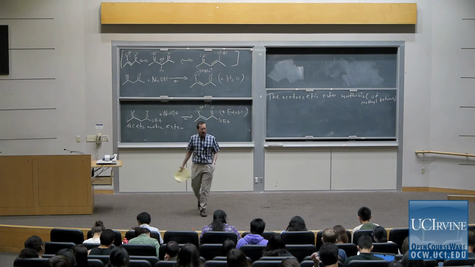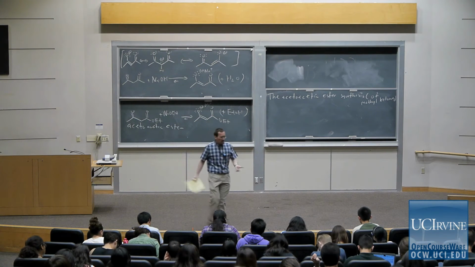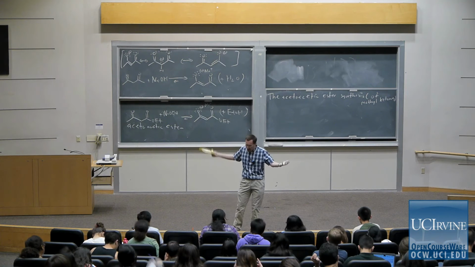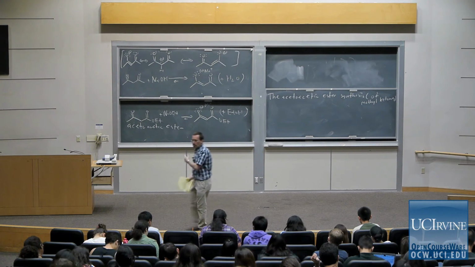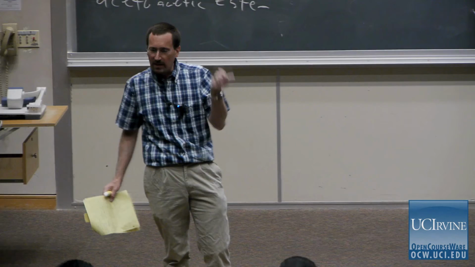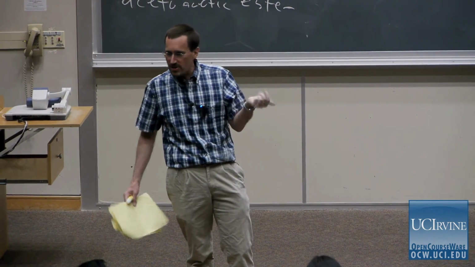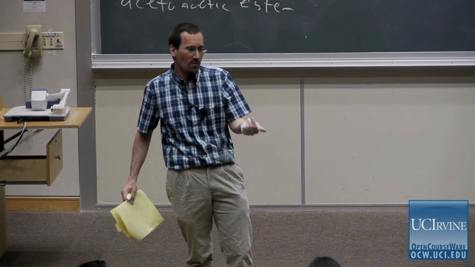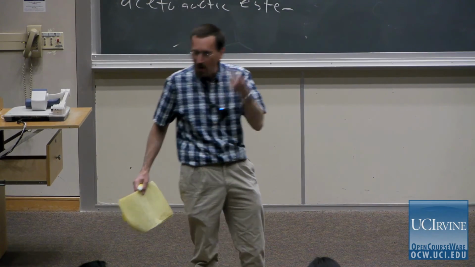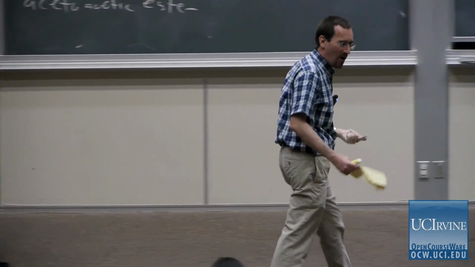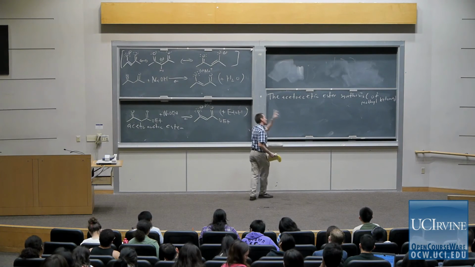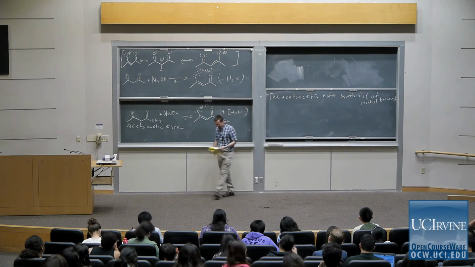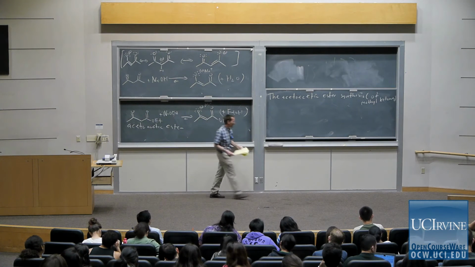When you go to the lab and you do an extraction, you ask for ether, and it means diethyl ether. When you go to a bar and you ask for a glass of scotch, you say, I'm drinking alcohol, because you're drinking ethyl alcohol, not methyl alcohol. And here, acetoacetic ester means the ethyl ester of acetoacetic acid from historical terms.